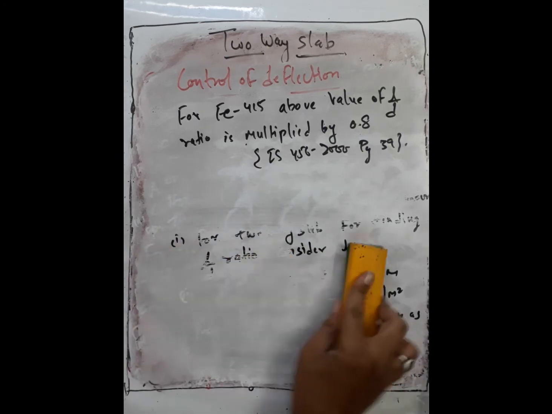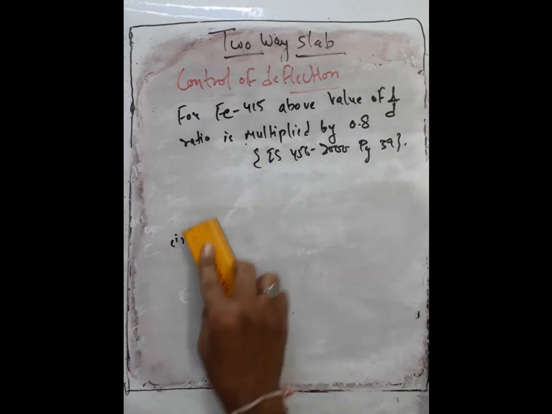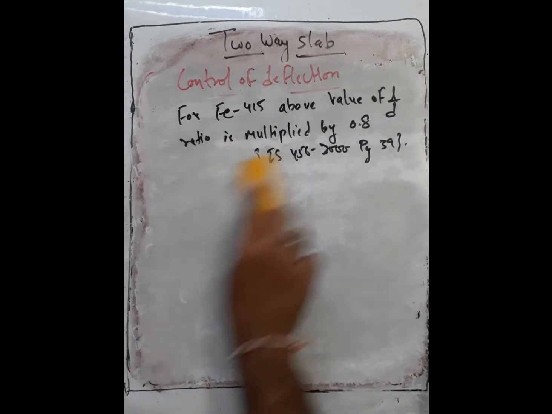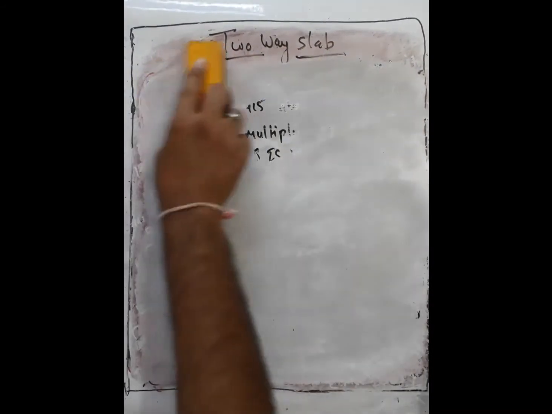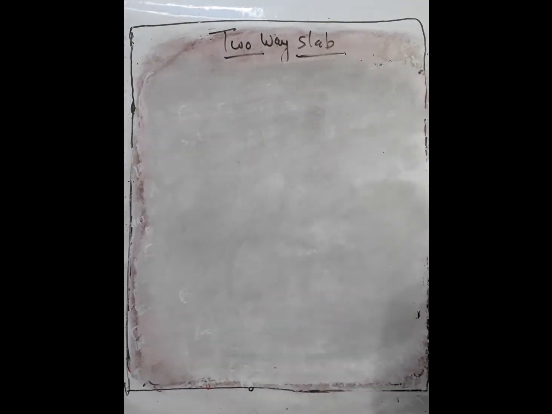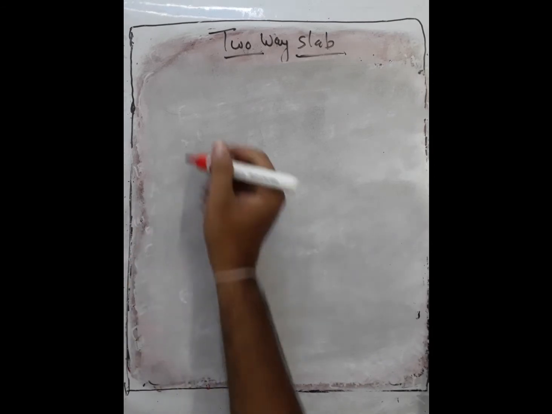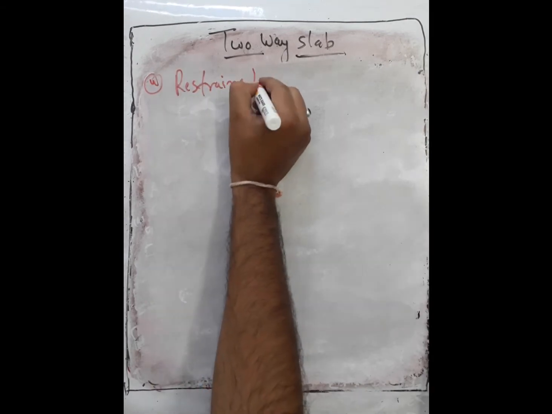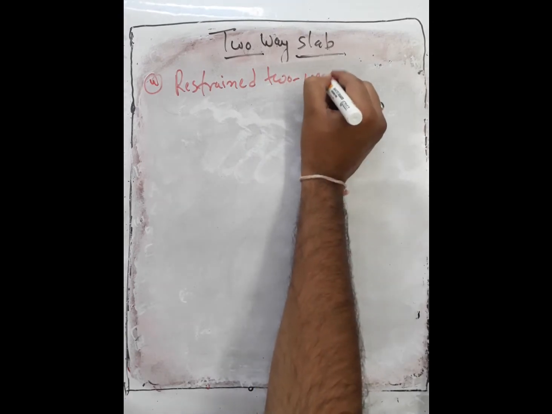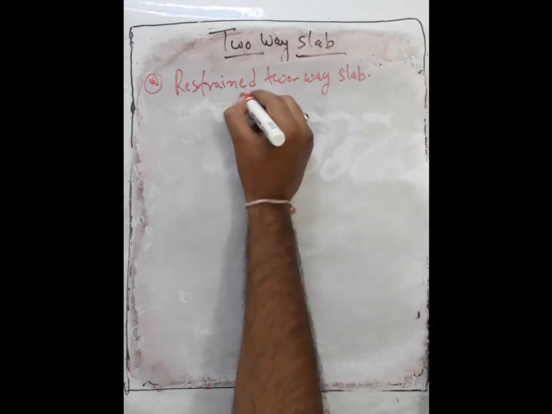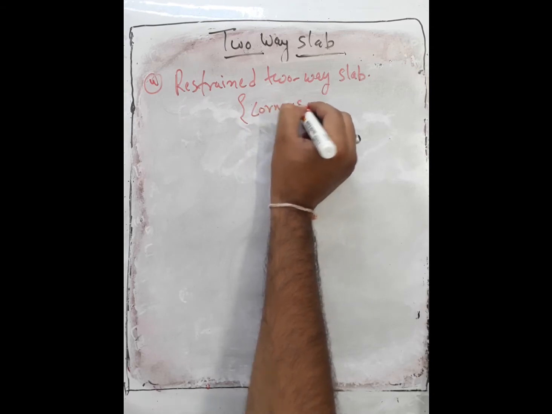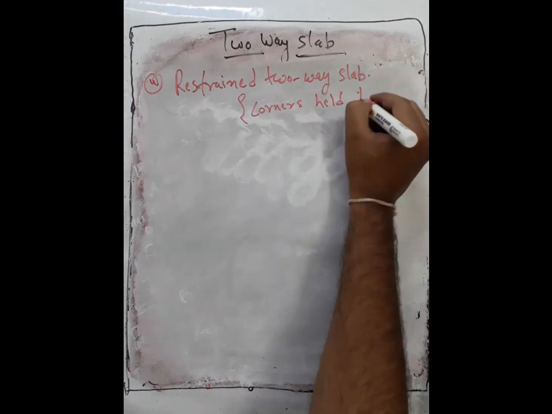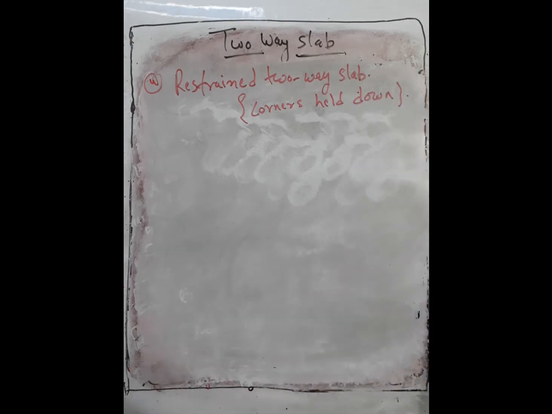Now our last point, restrained two-way slab, or corners held down.